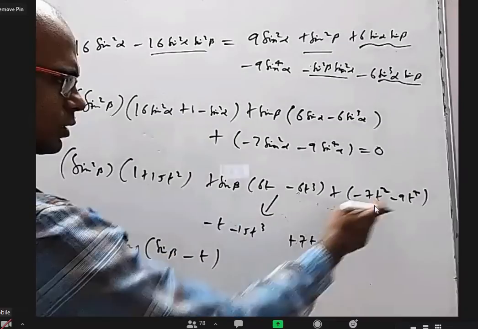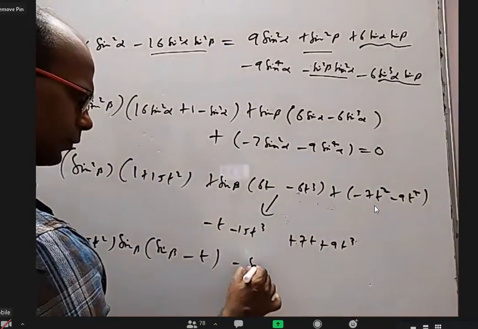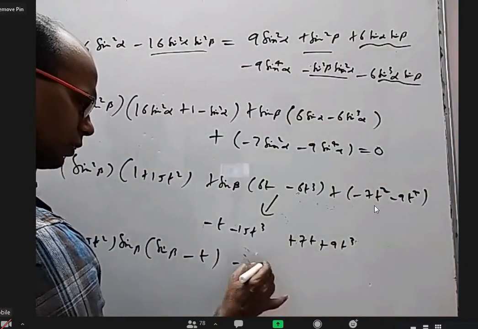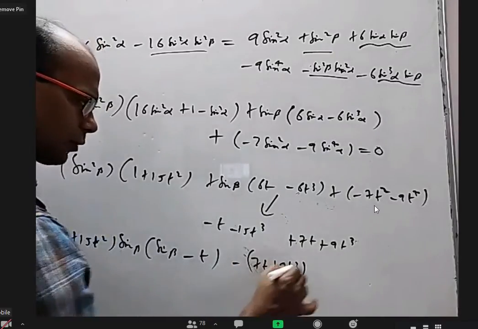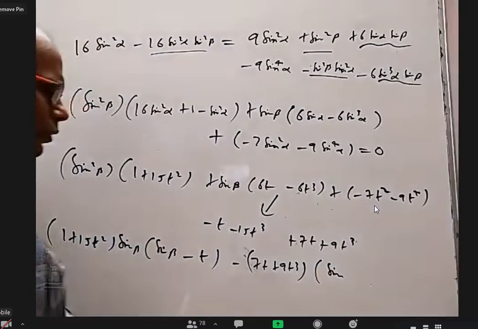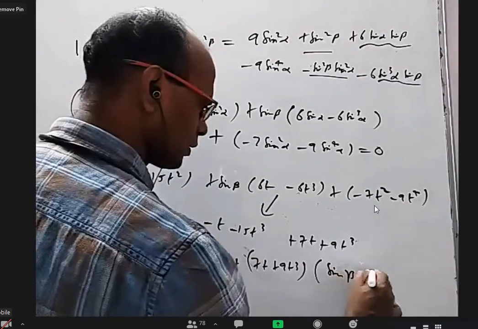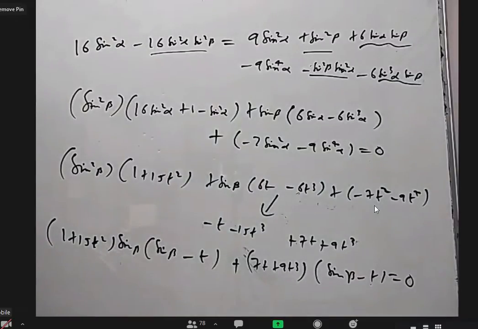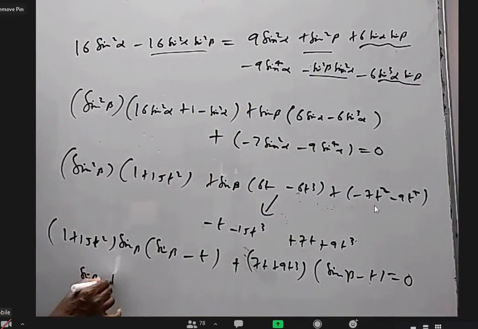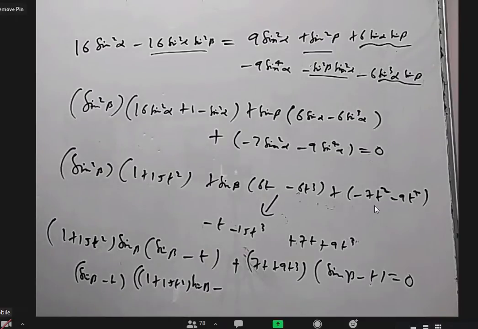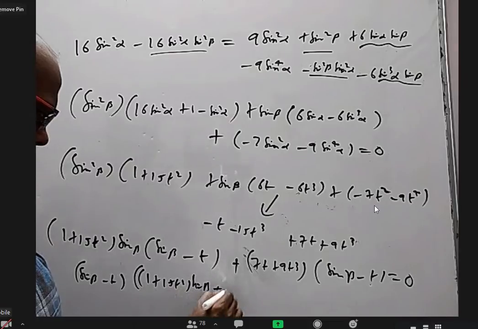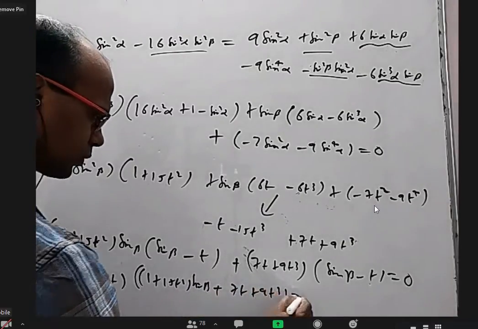Similarly, when I take minus 7t plus 9t cube common, I will get sine beta minus t equal to 0. Yes, so sine beta minus t into 1 plus 15 t square sine beta plus 7t plus 9t cube equal to 0.